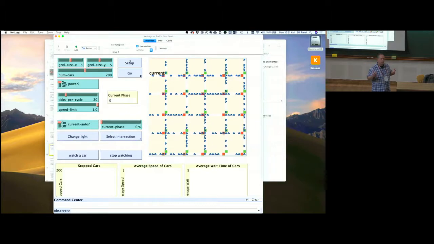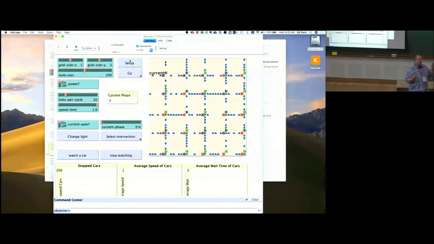One of the best ways to build an agent-based model is to take a model that has some of the componentry you need, and then just build the componentry that you need on it, rather than starting from scratch. A good programmer copies and pastes most of their code, right? And so that's essentially what we're trying to do here. We're going to take this code that was built for a different purpose, and then we're going to adapt it.